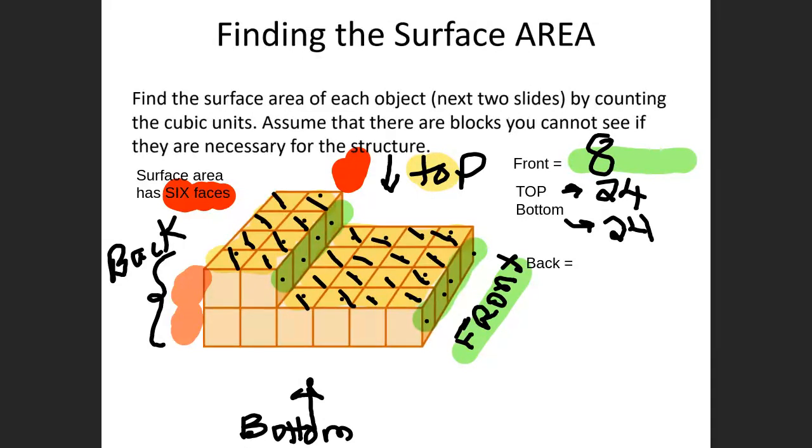Each layer has the same number of top boxes.